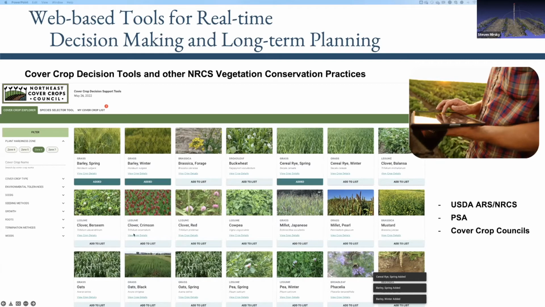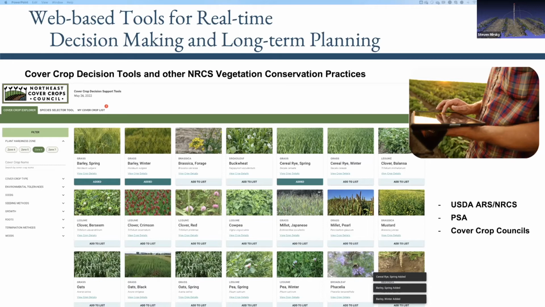I'm really excited about the partnership between ARS and NRCS to help usher in and co-lead national efforts about building these web-based decision tools. So working with the councils and Precision Sustainable Ag, we're building species selector tools, seeding rate calculators, economic calculators, water and nitrogen calculators, all to build this ecosystem of tools that help inform practice, as well as a number of other conservation practices that we're working with the plant material centers that all fit under these climate smart strategies.